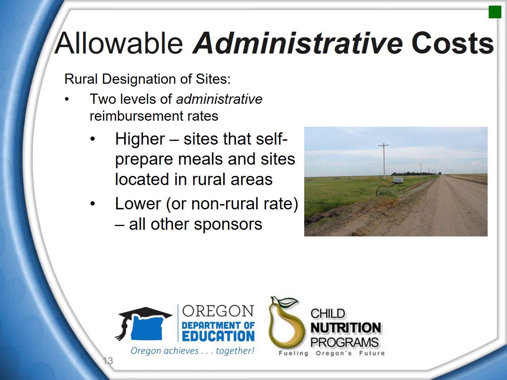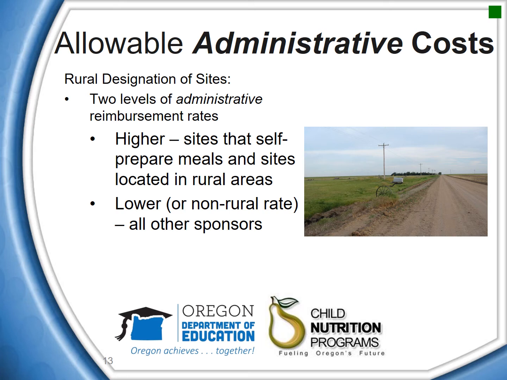A rural area is any area that is not part of a metropolitan statistical area, or MSA, as defined by the Office of Management and Budget. With the approval of ODE C&P, an area may be defined as rural if it is part of an MSA but is isolated from the urban center.